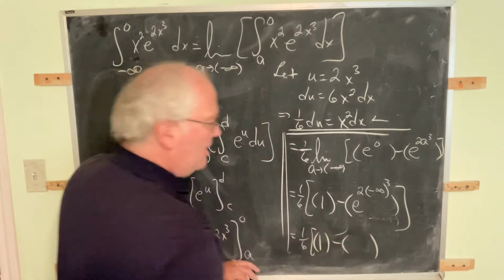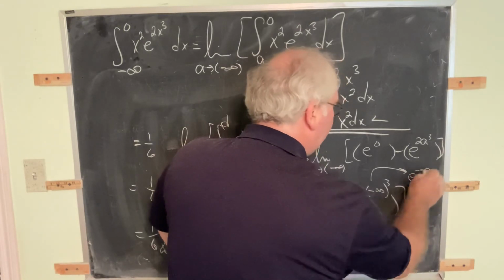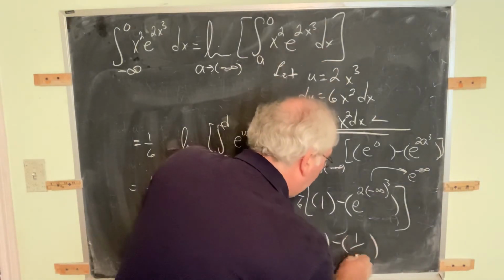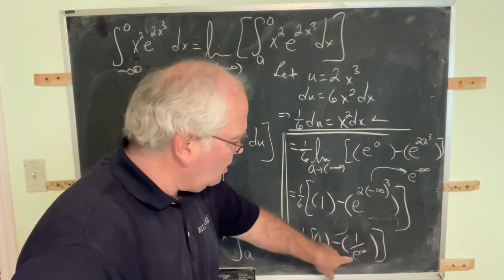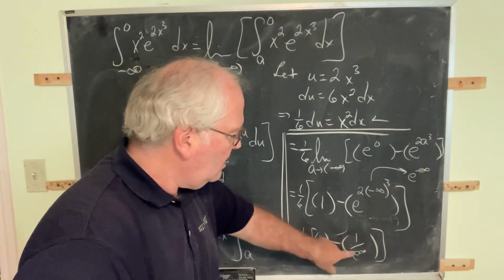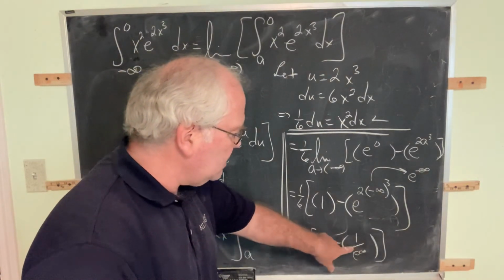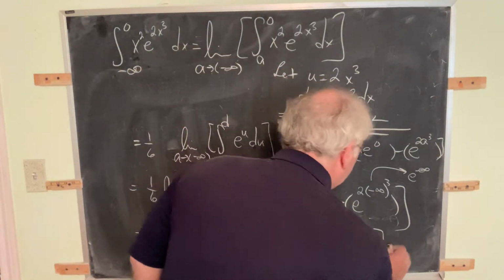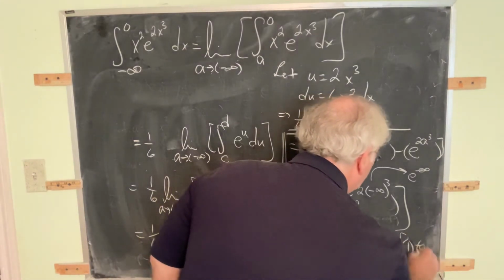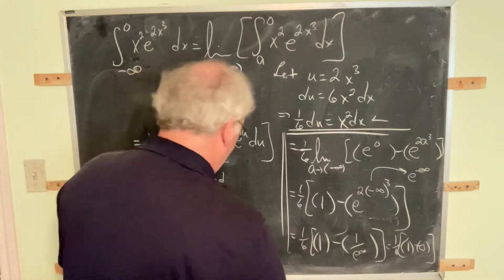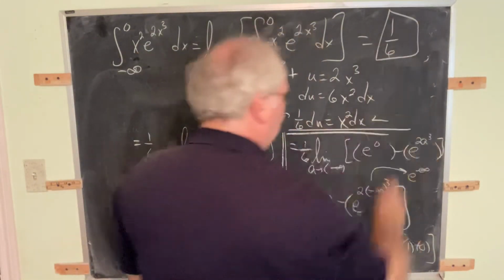A negative exponent means you go 1 over, but we know what that is. This is 1 over infinity, which is 0. So 1/6 times 1 minus 0, and that is equal to 1/6.